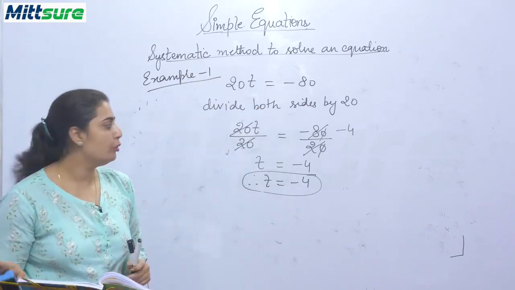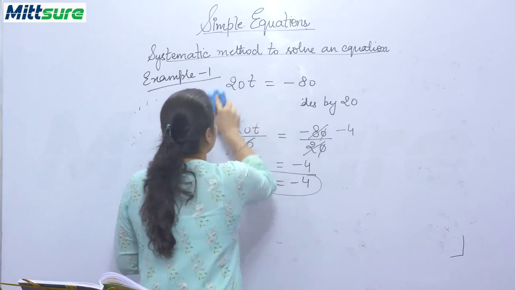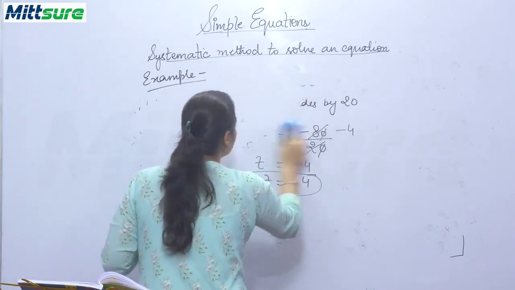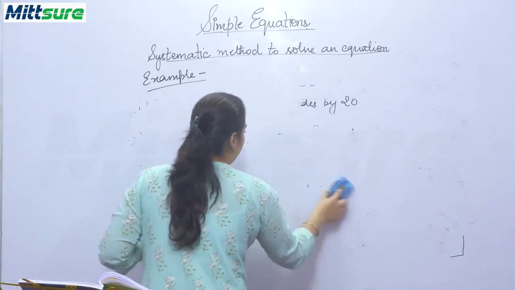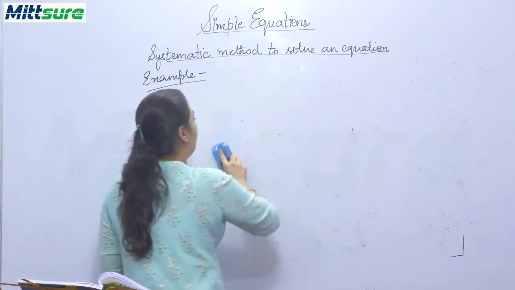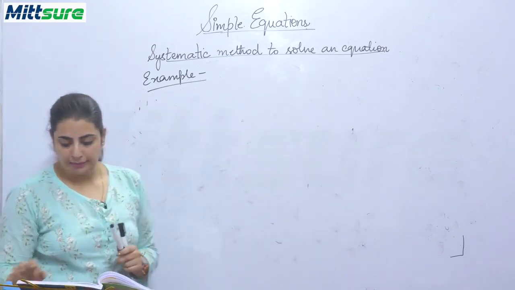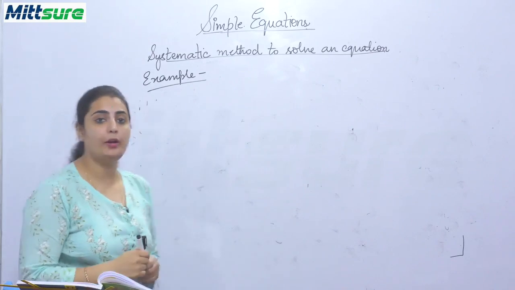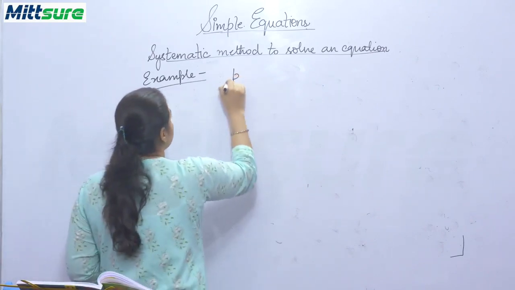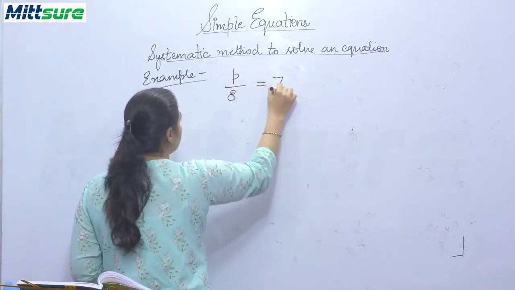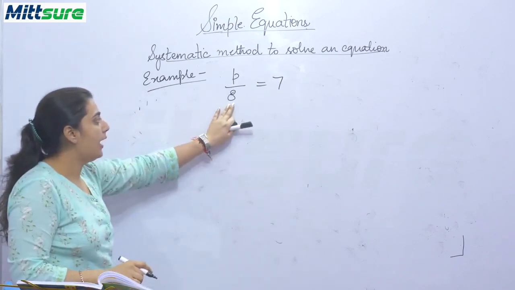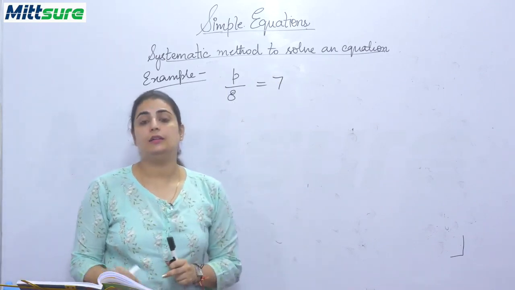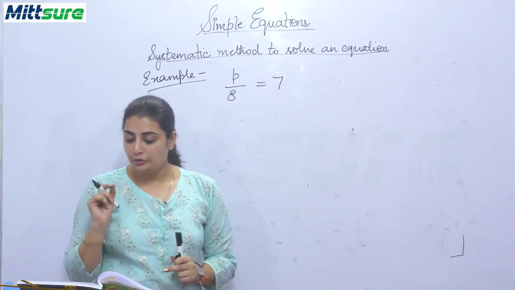Now let us take one more example. Example 2. Now in example 2 we have to solve p upon 8 equals 7. Now here I want this 8 to be removed. So what I will do?